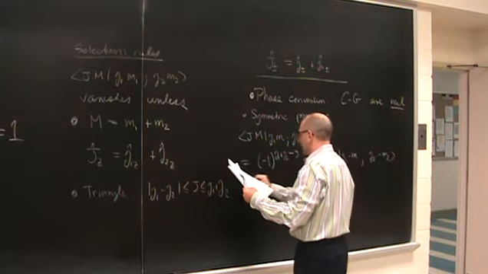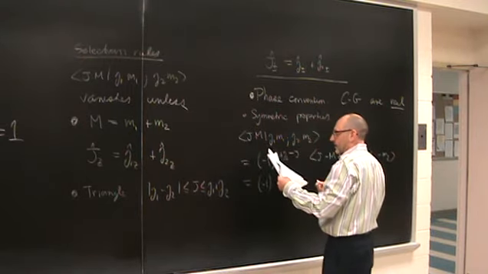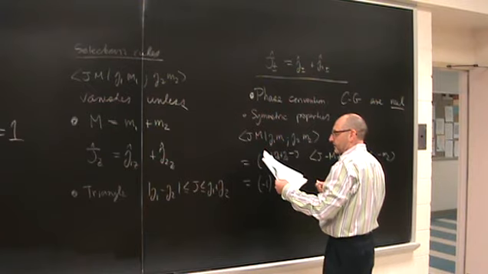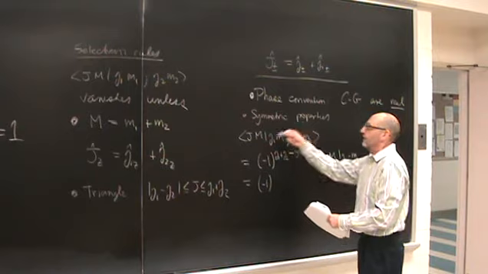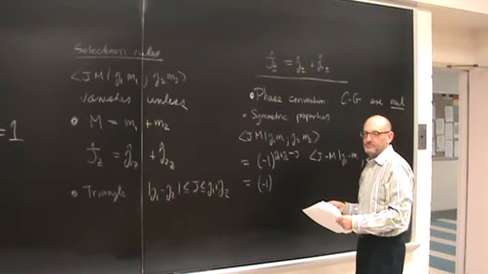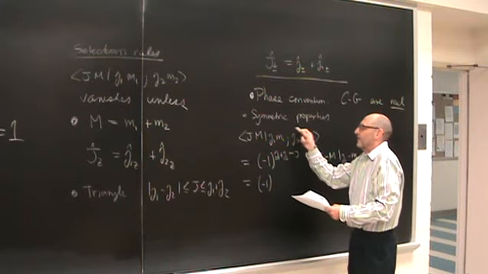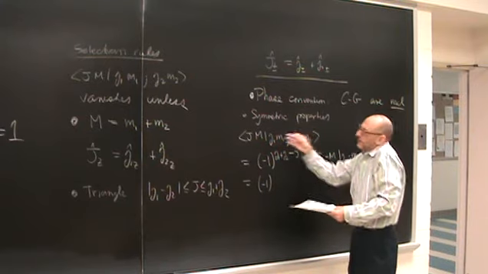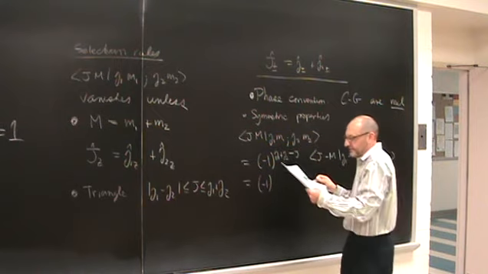I can also switch, suppose I switch which one comes first. It's a non-zero guy. Suppose I put J2, M2, semicolon, J1, M1. That would still be a non-vanishing guy. It would be the same, but with a different sign.